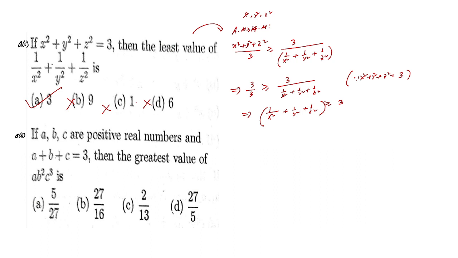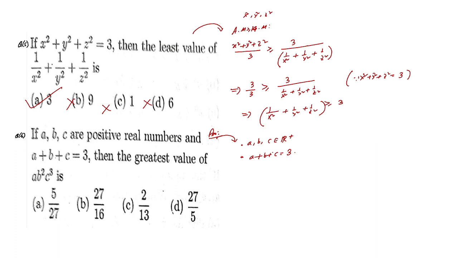Now we come to the next question. Here A, B, C, what is given here? A, B, C are all positive real numbers, and it is also given that the sum of these positive real numbers is 3. So now we need to calculate the greatest value of a b square c cube.